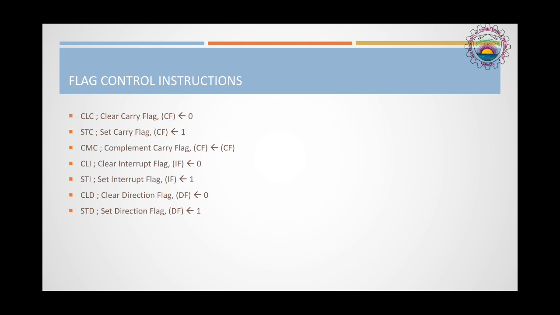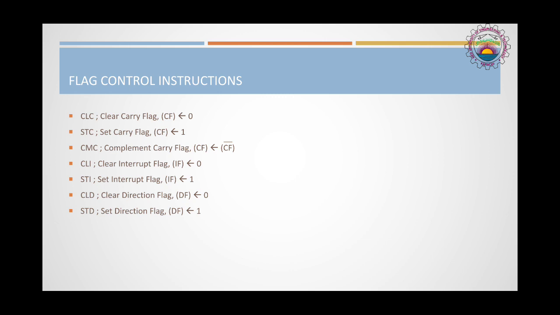After execution of CLC, the carry flag will have logic 0. After execution of the STC instruction, set carry flag, the carry flag will have logic 1. Then you have the CMC instruction, complement carry flag. The carry flag will be inverted: if it has logic 1 before execution of CMC, after execution it will have logic 0.